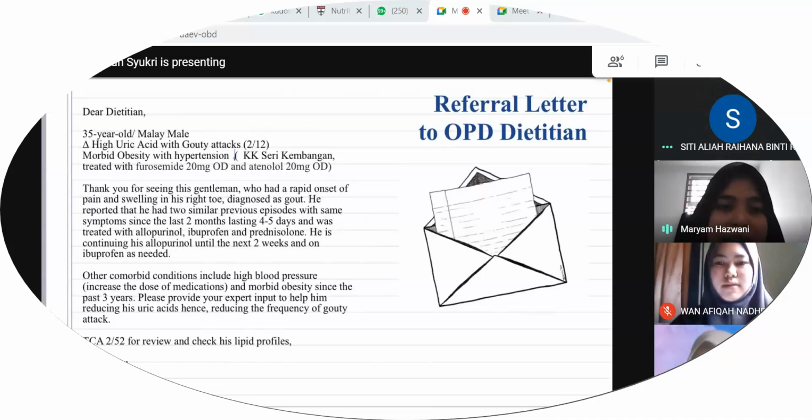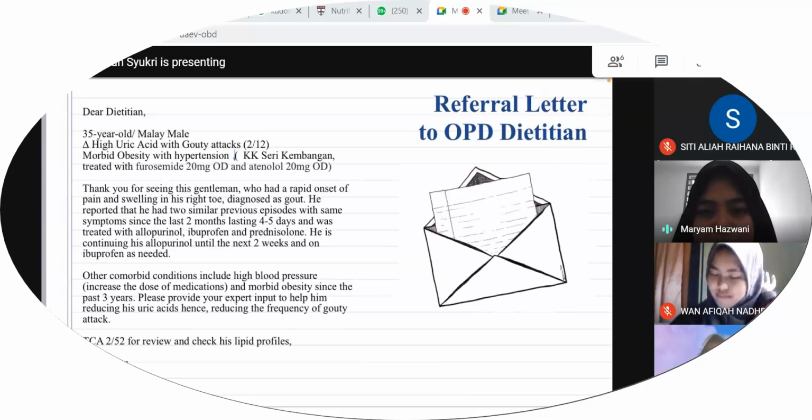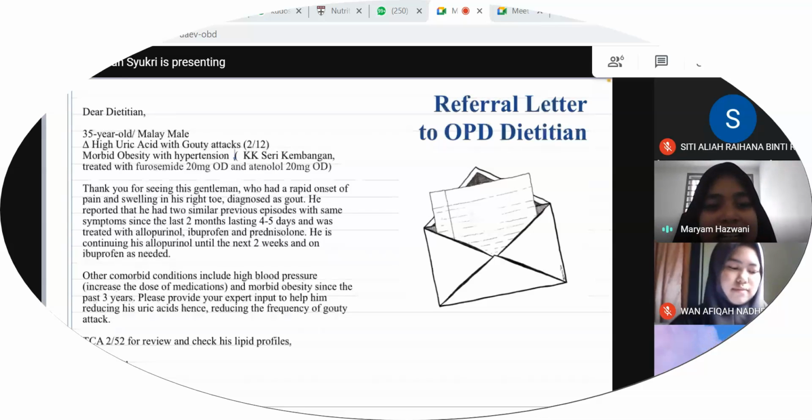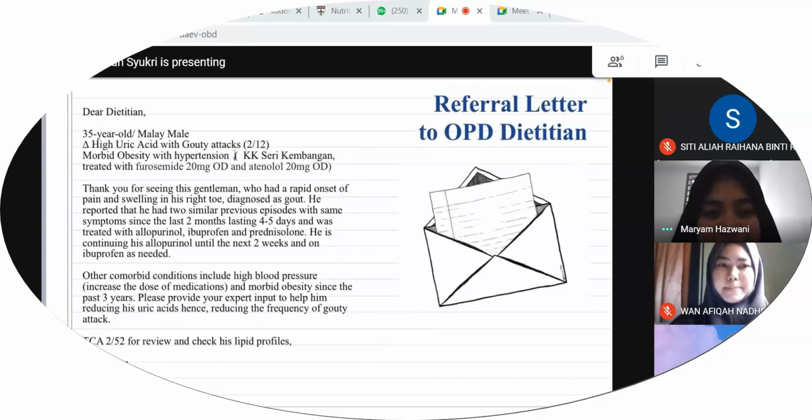He also has the risk of type 2 diabetes mellitus. That's all from me about the nutrition related issues regarding this patient. Right. So then, what's next?